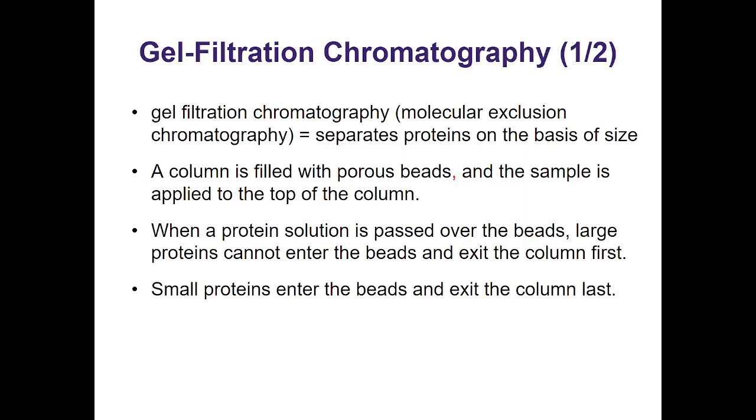No? Okay. Okay, let's talk a bit about gel filtration chromatography. This is the molecular exclusion chromatography, by the way. This is going to separate proteins on the basis of size, specifically how well they can go through the gel. Okay? Which isn't actually necessarily their straight chain size.